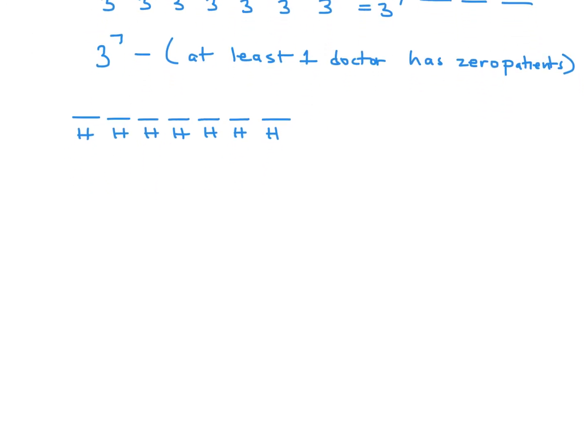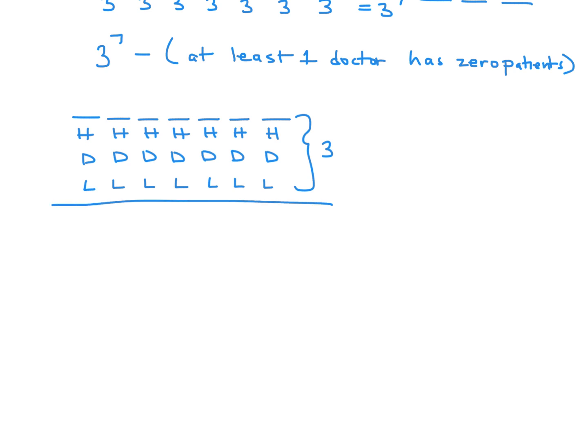So that's one way of doing it. And this could also be similar if you assigned Dewey to everybody or Louie to everybody. So there's 3 scenarios there. So that is part of it.